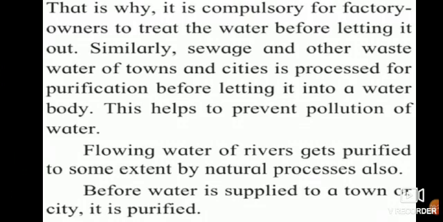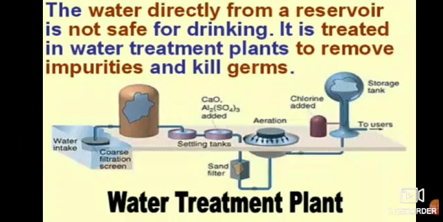Let's see it forward. So before water is supplied to a town or city, it is purified. Here you can see the water directly from a reservoir is not safe for drinking. So what happens? It is treated in water treatment plants to remove impurities, to remove the germs, to remove the microorganisms, and with the help of that purification, they kill germs.